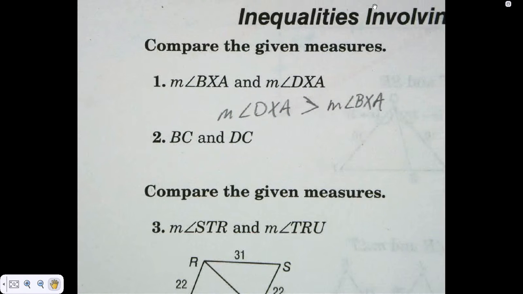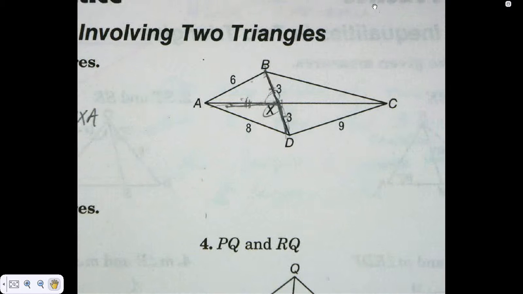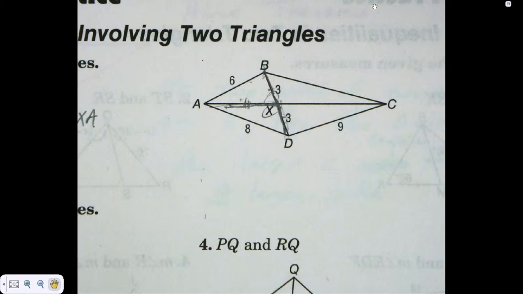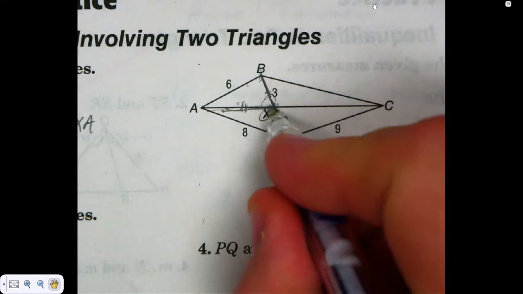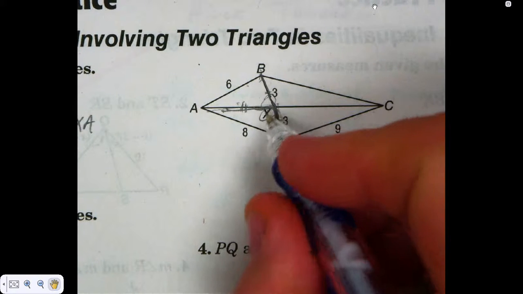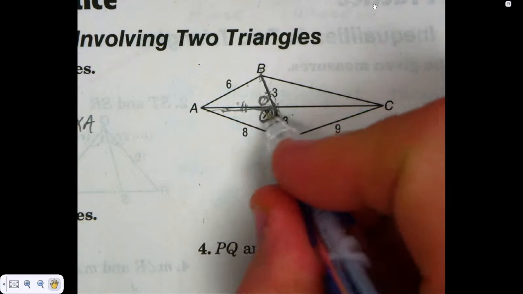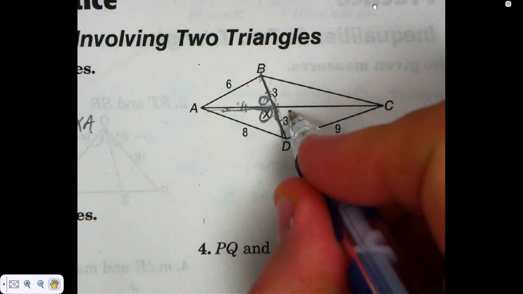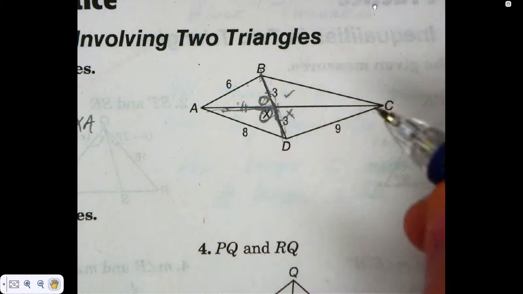And here it says, let's compare BC and DC. Well, I know this one right here is bigger than this one, right? Well, then this one is going to be bigger than this one, is it not?